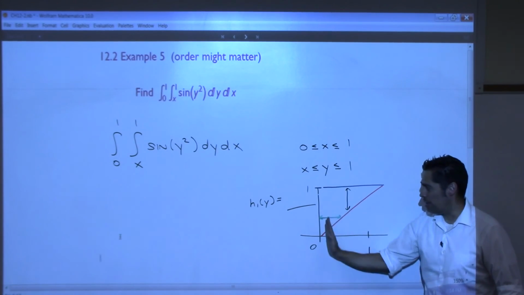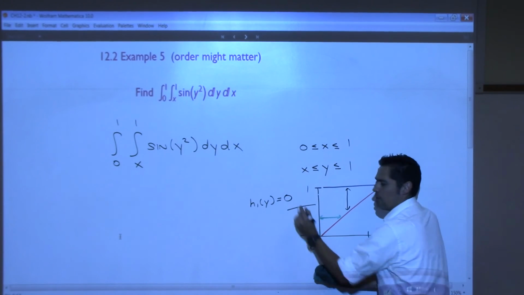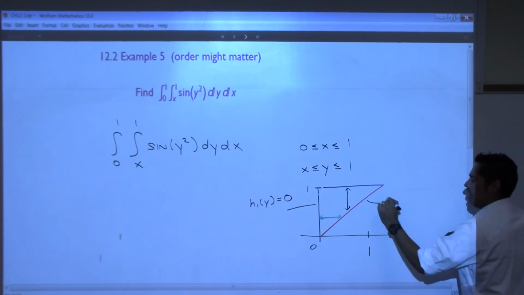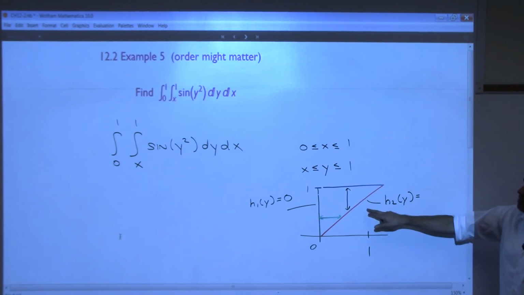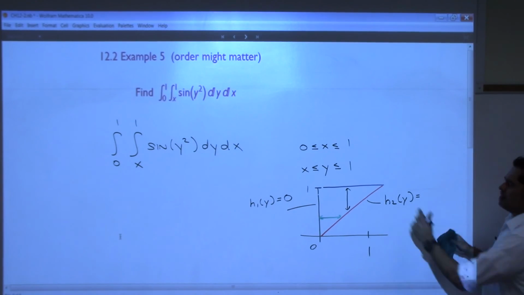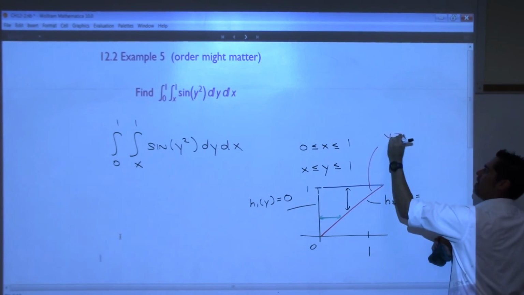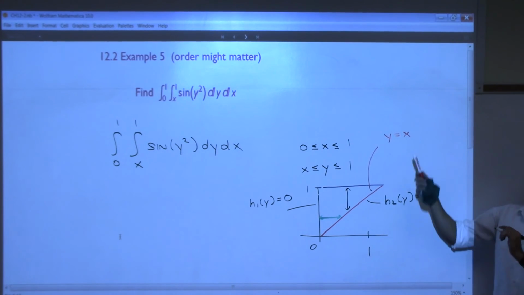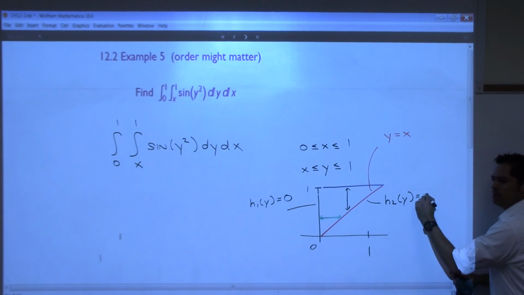Or sorry, on the x value? 0, right? That's fixing my x at 0. It's always 0 the whole time. This one right here, h sub 2 of y, is this equation, which, what was the equation that drew this? y is x. It's that equation solved for x instead of y, but it's already solved for x. So this is just y.